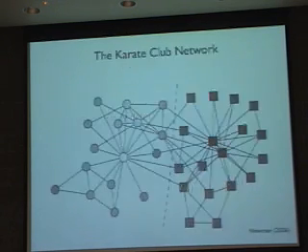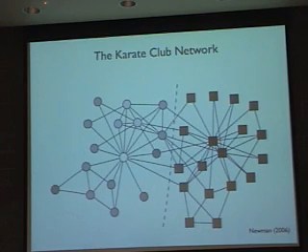So here's a famous network, and using the modularity scores and community detection, researchers were able to survey members of this karate club and find the ties between them. Interestingly enough, soon after the survey took place, the karate club split into two.